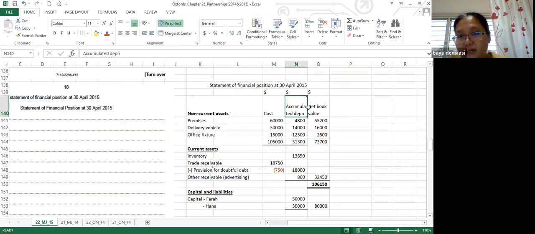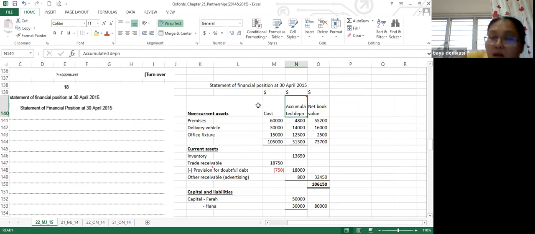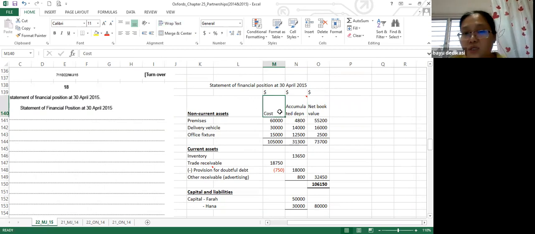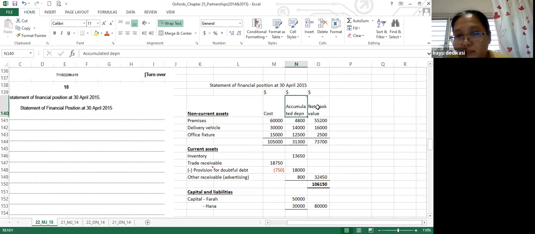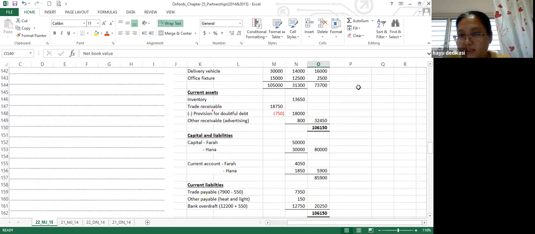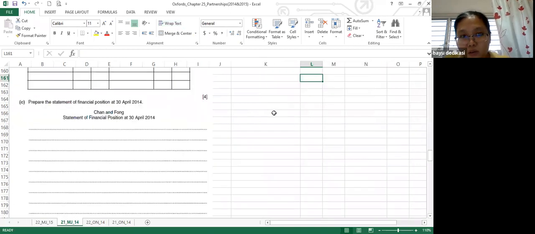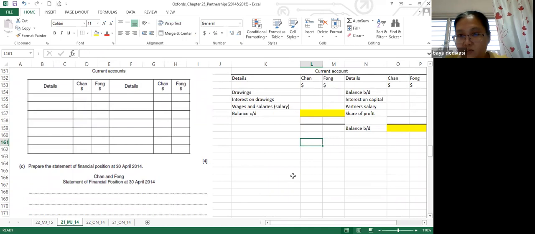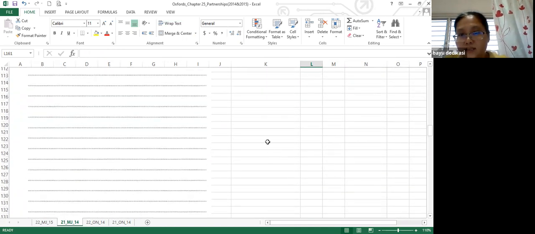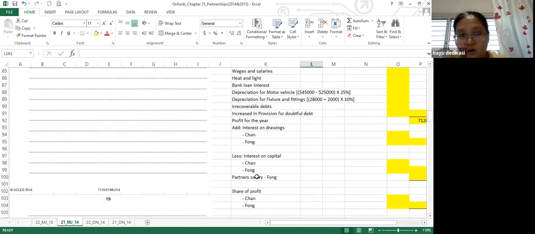Three columns, you must have three columns because you need to put cost, accumulated depreciation, and net book value. The format presentation is similar to this question. So I will not do this statement of financial position one more time. So this question is considered your homework.